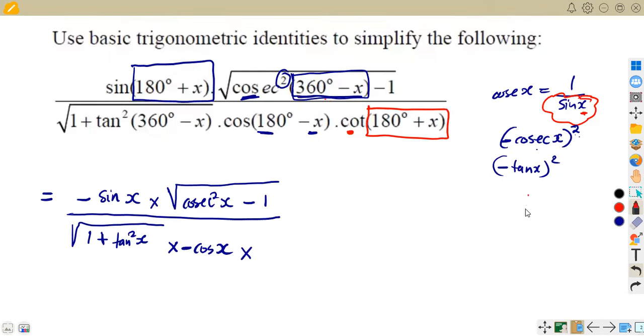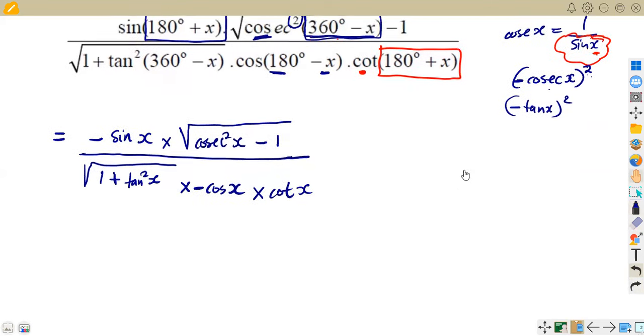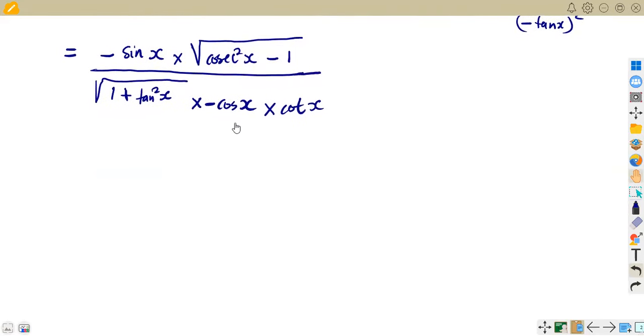Remember, 1 over tan x gives us cot x. So cot is going to be positive, and we have cot x. This is how we have managed to reduce the first part to this.